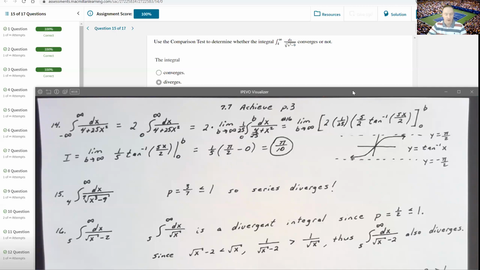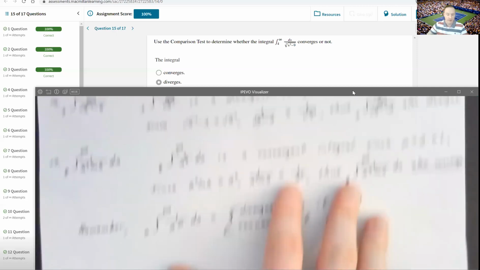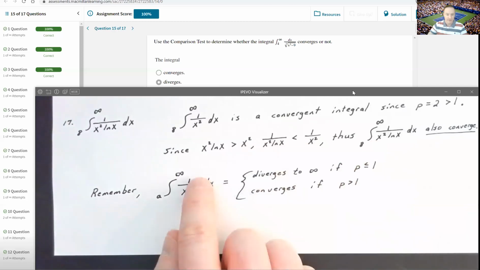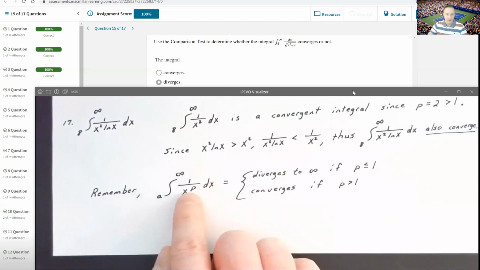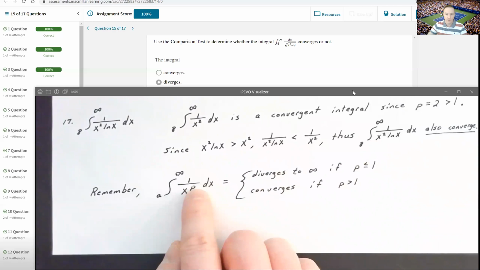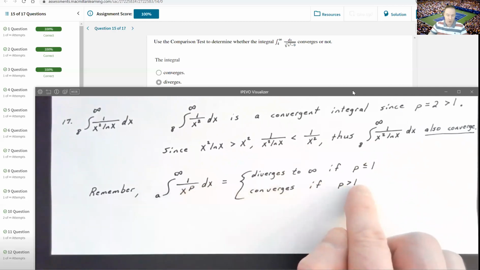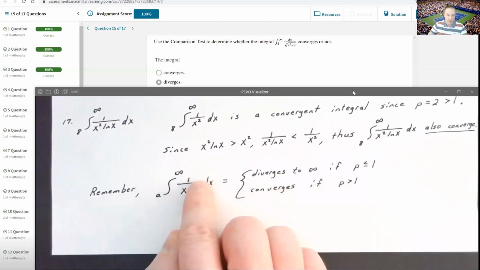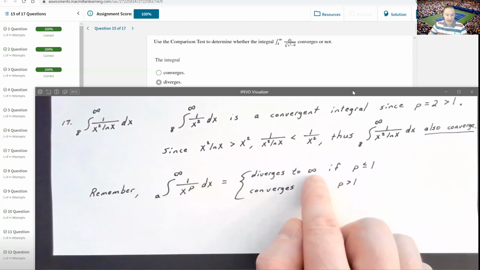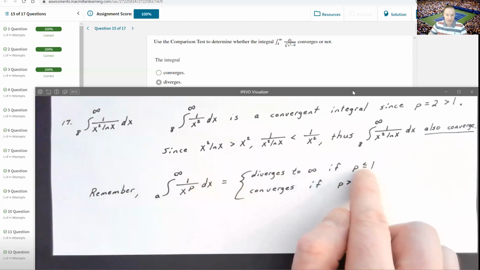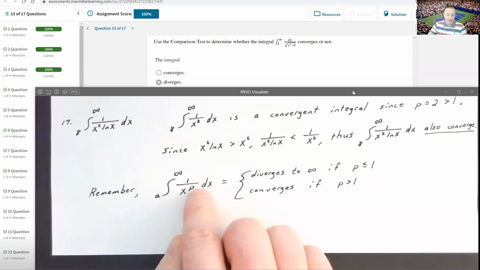You say, okay, what am I supposed to remember? I'm supposed to remember that if I have something like 1 over x to the p, how is that going to converge? Only if that denominator has a power greater than 1 more than whatever the numerator's power is. Well, and it's going to diverge if that denominator is of power less than or equal to 1 more than the numerator.